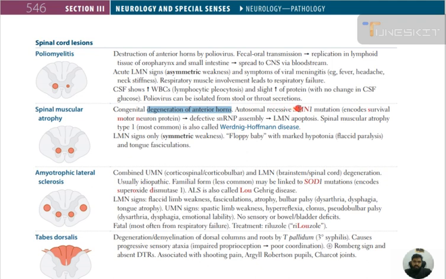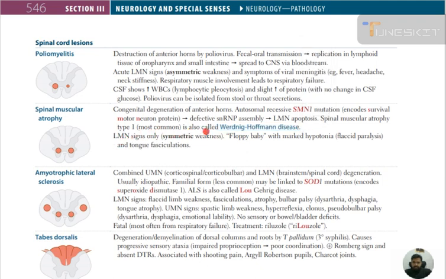It is autosomal recessive, an SMN1 mutation, which encodes survival motor neuron protein. There is defective snRNP assembly and lower motor neuron apoptosis. Spinal muscular atrophy type 1 is the most common, and it is also called Werdnig-Hoffmann disease. Lower motor neuron signs only.